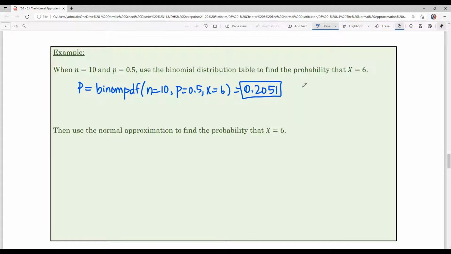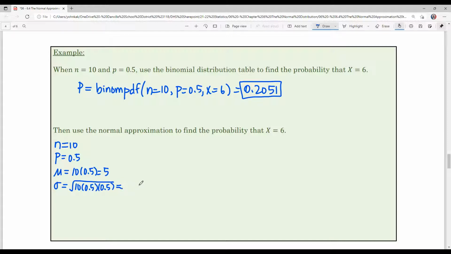All right, now we're going to calculate this using the normal approximation and see how close we get. So now our normal approximation, our n is 10, our p-value is 0.5, our mean is 10 times 0.5, or 5. My standard deviation is the square root of 10 times 0.5 times 0.5.